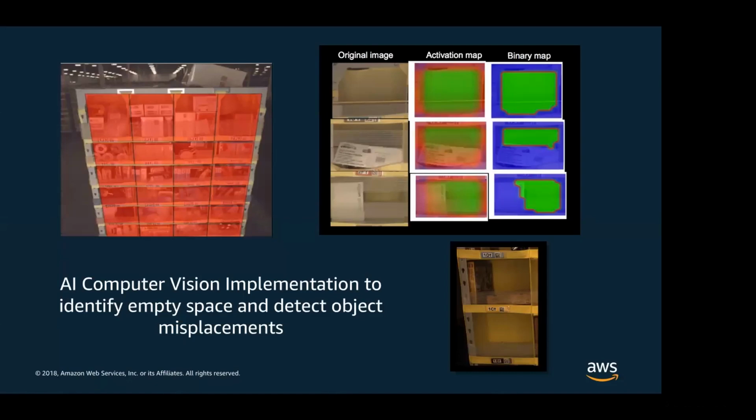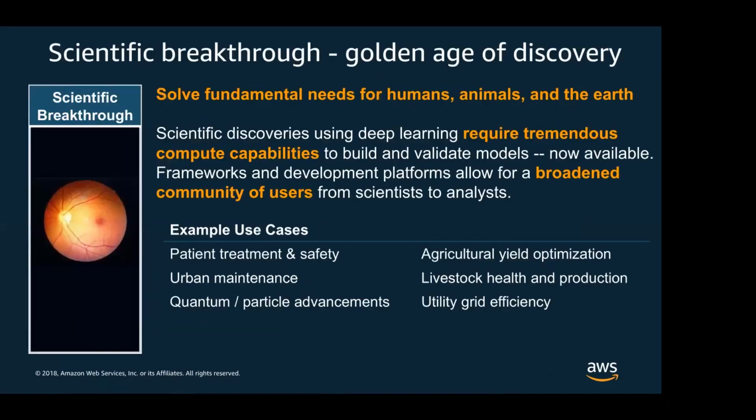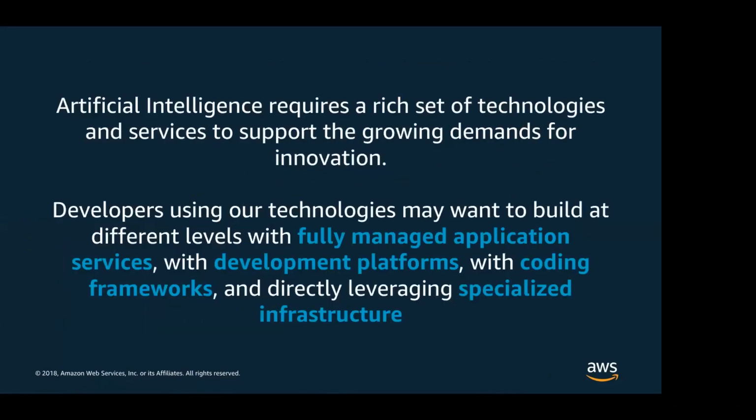And from another point of view, we see that this kind of technology can be used for many things, from the healthcare industry to agriculture optimization to utility grid efficiency, and there is no limit for using this kind of technology. In AWS, we define 3 layers where we can start using artificial intelligence.